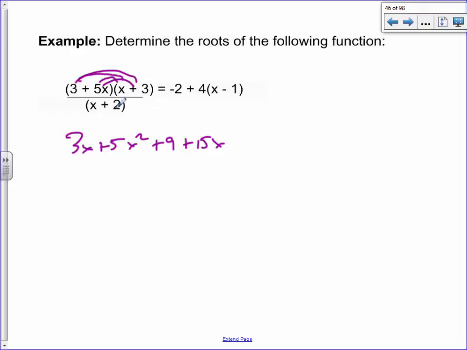Well, the bottom doesn't really have anything to FOIL with. There's one more thing that we can do, like not a full FOIL, but like an expanding of some type. Yeah, this little bit right here, is that what you're looking at? Yeah, we can FOIL that little bit. So let's make this equal to minus 2 plus 4x minus 4. And this thing on the bottom of the fraction here, I'm just going to leave it there, x plus 2, because it doesn't have anything to FOIL with yet.